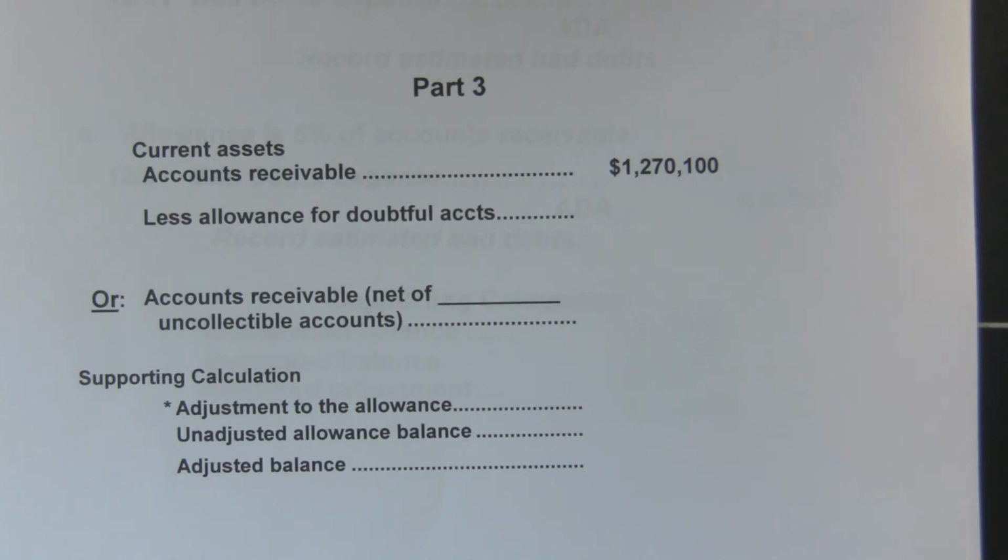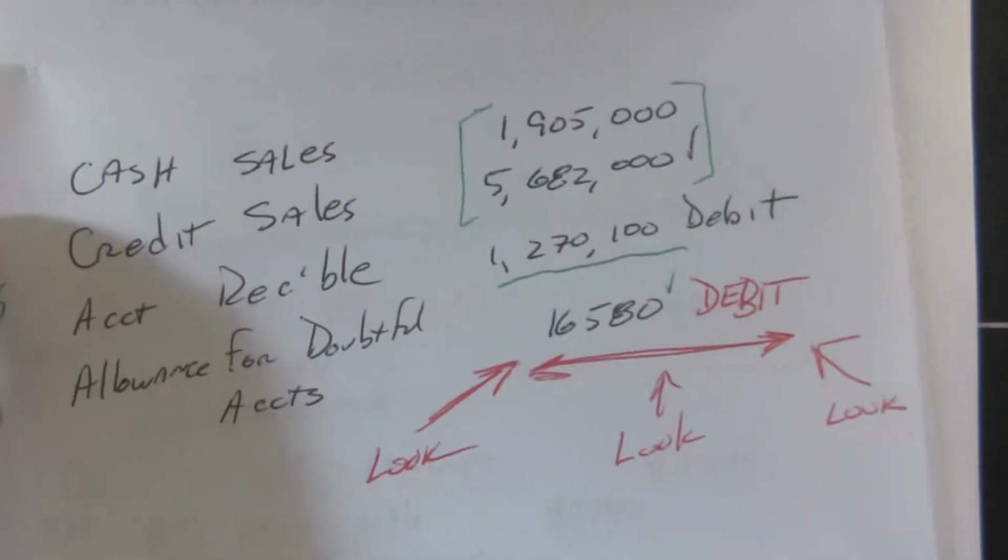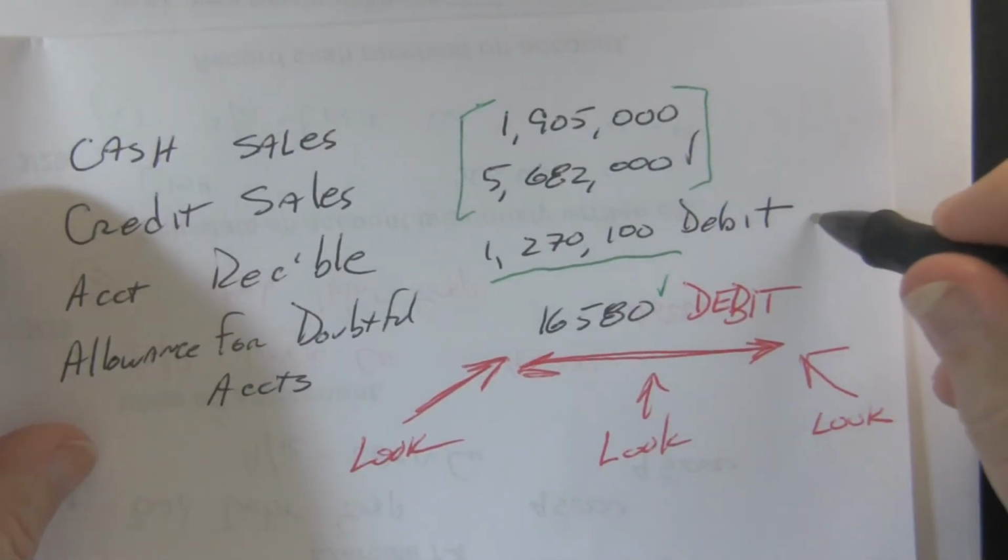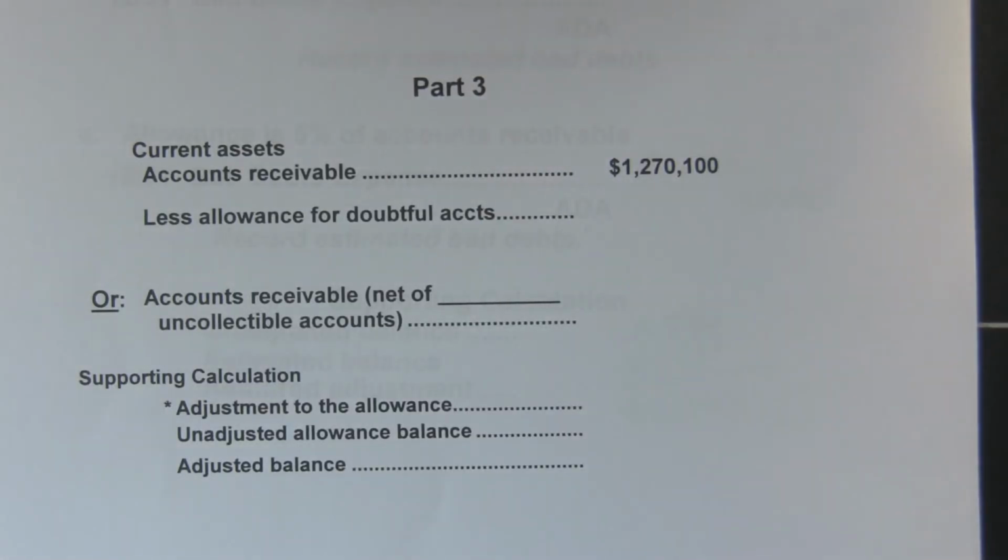Very similar, we did the same thing. We took their accounts receivable, and 5% of that is going to be uncollectible. So 5% of that works out to be 85,230.